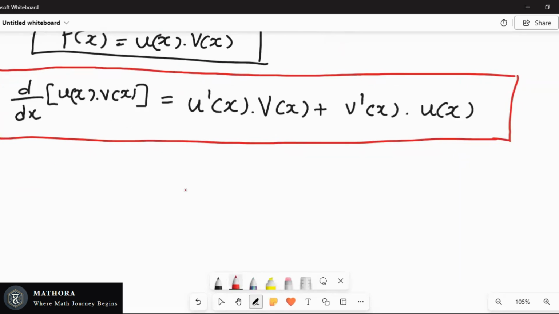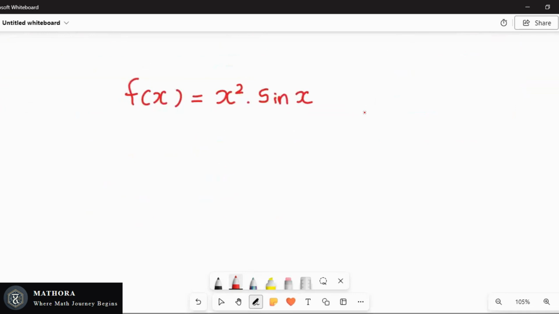So let's take f(x) equals x squared times sin x. Here, u(x) equals x squared and v(x) equals sin x.